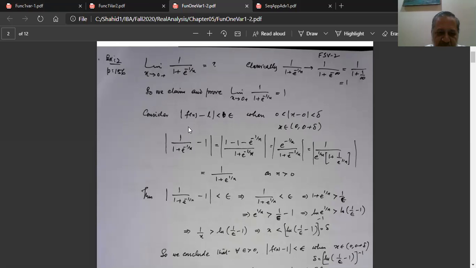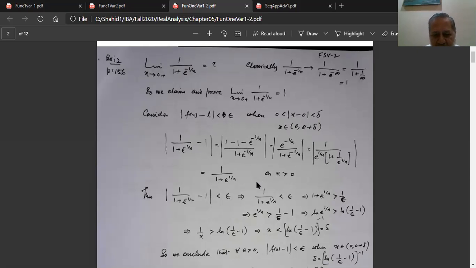And we work out f(x) minus L. So f(x) is this, minus L means minus 1. Do some algebra, take the LCM, simplify, and it becomes this. You can rearrange it into this form, which can ultimately be written as this for x positive.